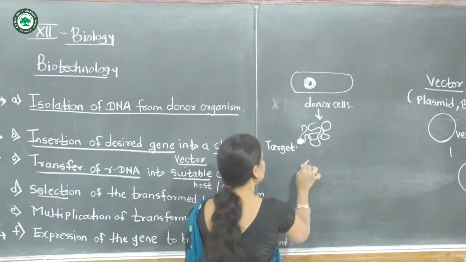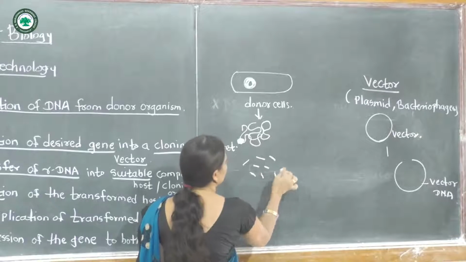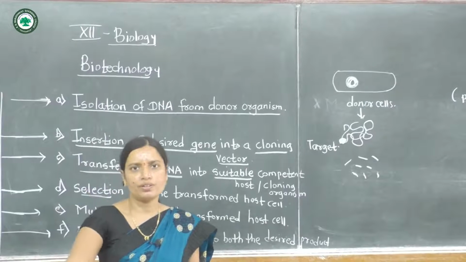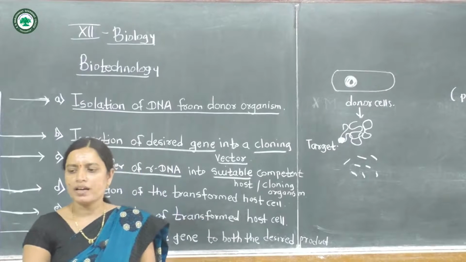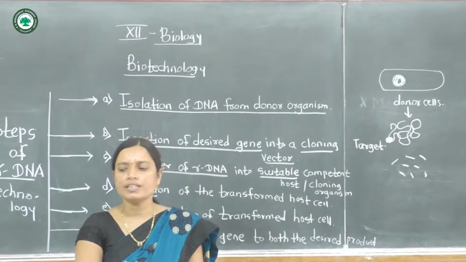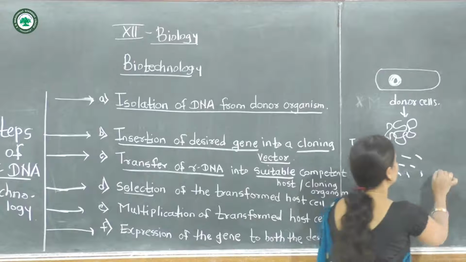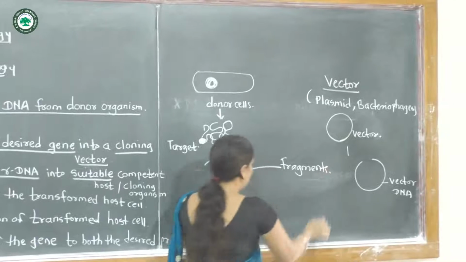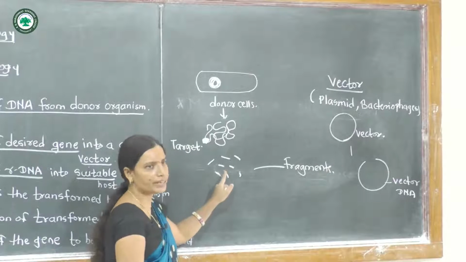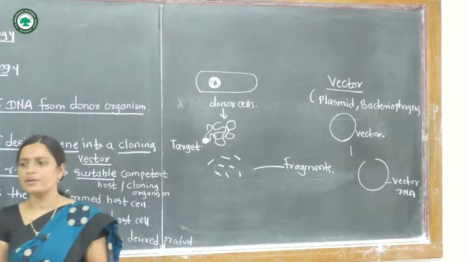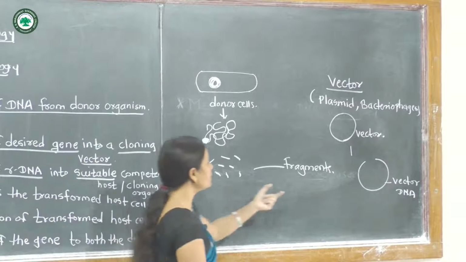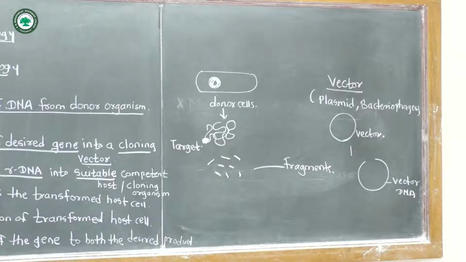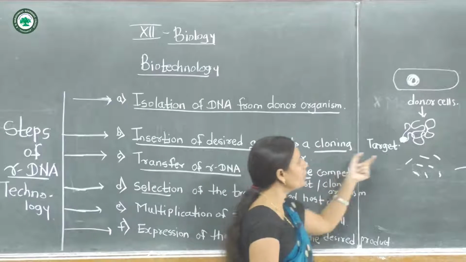Small fragments are cut from the DNA molecules, and these DNA molecules or fragments are cut through an enzymatic process, fragmentation by restriction enzymes. Through this fragmentation process, several cuts of the DNA are made, the specific cut is selected, and it can be joined to these vectors. These steps are involved in the insertion of the desired gene into the cloning vector.